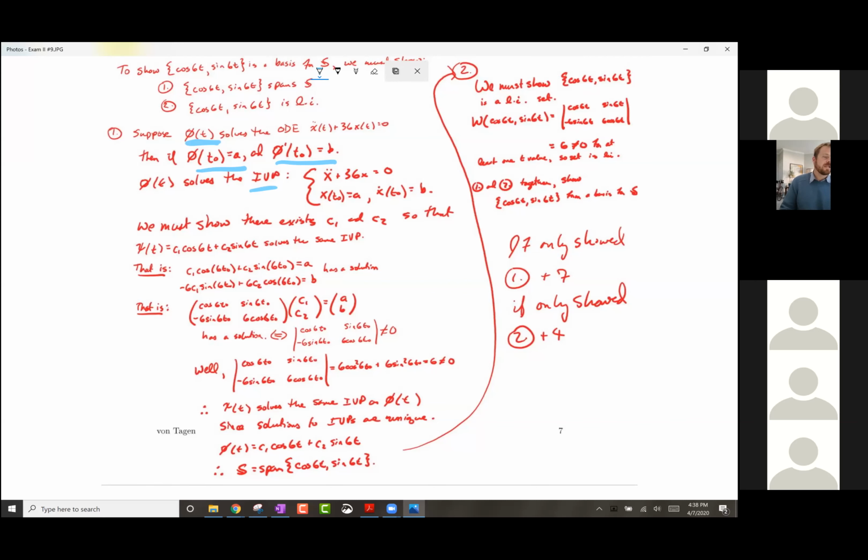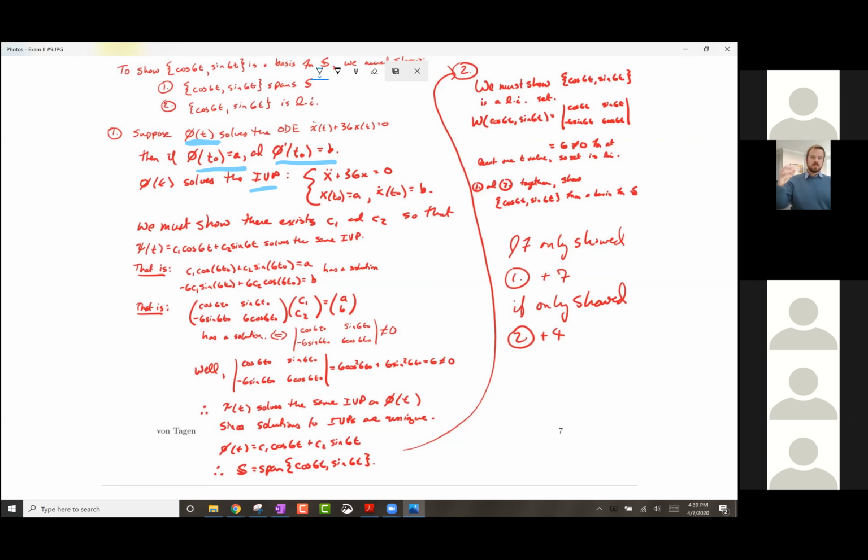Okay. So in fact, one way to describe this proof is the whole argument relies on saying that we show that our arbitrary solution solves the same IVP as a linear combination of our basis vectors.